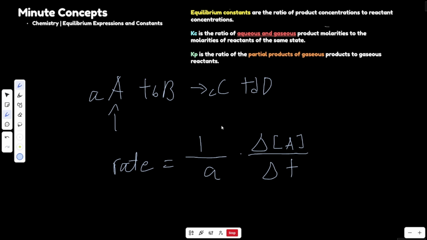Since it's a reactant and it's being consumed, we make this negative. This is an example of a rate expression.